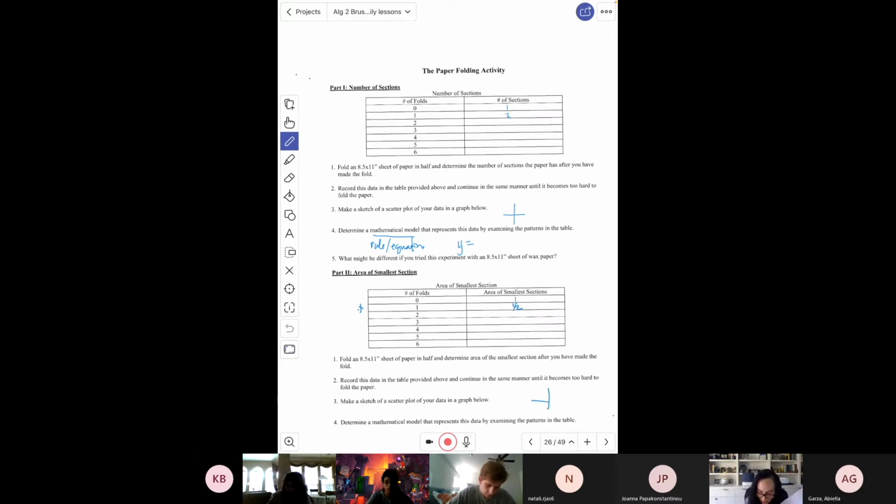Then you're doing a scatter plot of your ordered pairs, and you are determining mathematical models, equations for each of these. Feel free to discuss if you want to compare your answers, but you should have paper and you should be folding. And then let's come up with a rule.